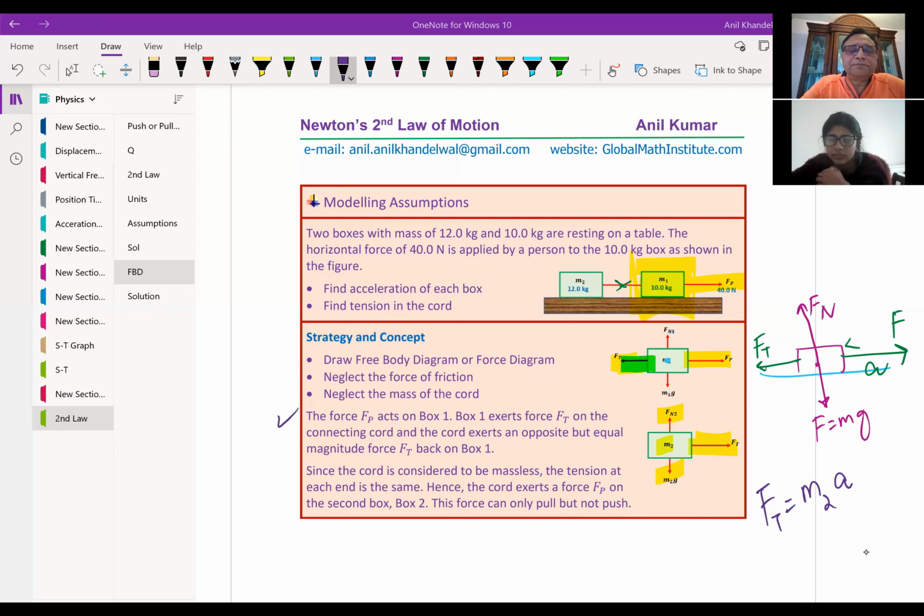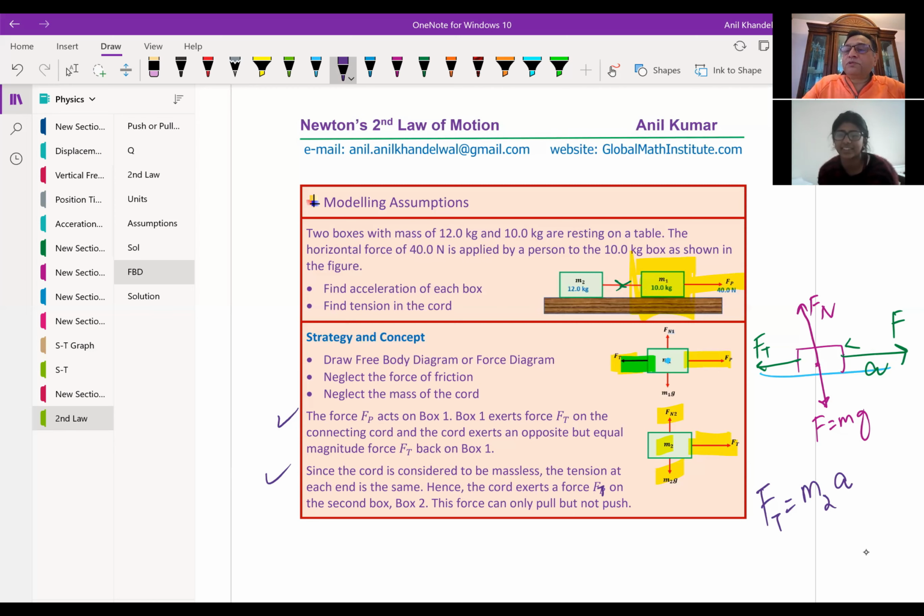Now this part. Since the cord is considered to be massless, then the tension on each end is the same. Hence, the cord exerts a force Ft on the second box, box 2. This force can only pull but not push. It should be Ft, right? Tension. And this force can only pull, not push. Is that clear to you?